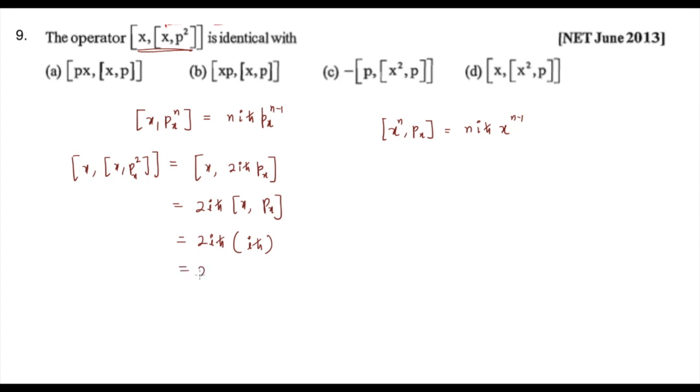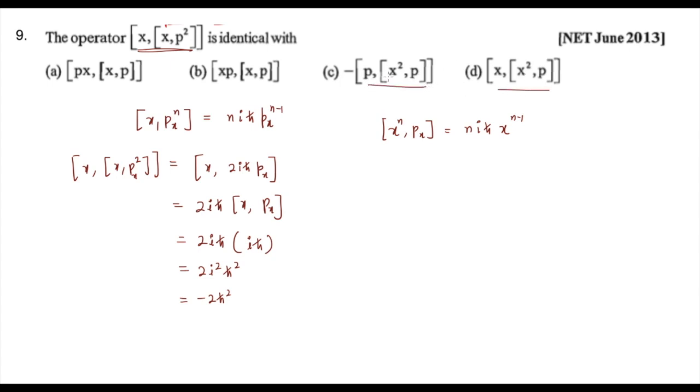So what you will get is 2i square h cross square. Now i square you know is minus 1, so you'll get minus 2 h cross square. That is going to be the answer. Now you have to check the options. You can check out all these options and try them one by one, but I'll recommend you to solve C and D.